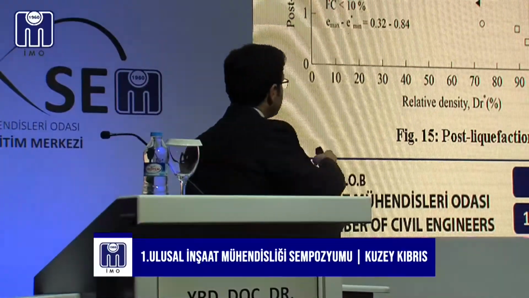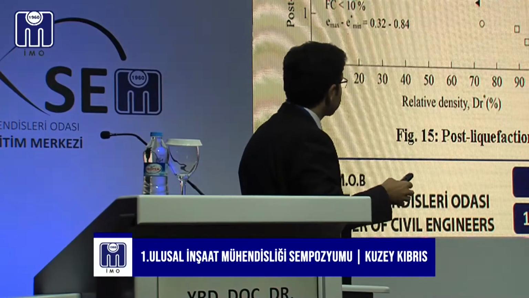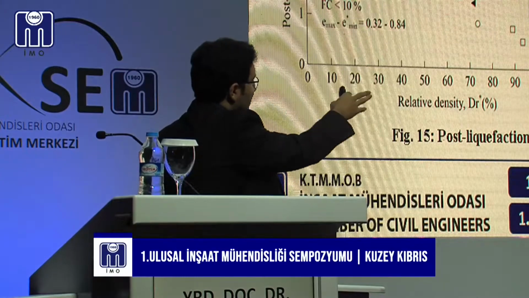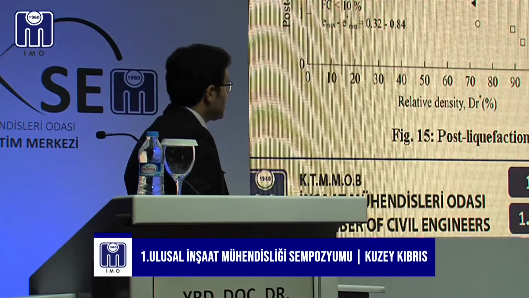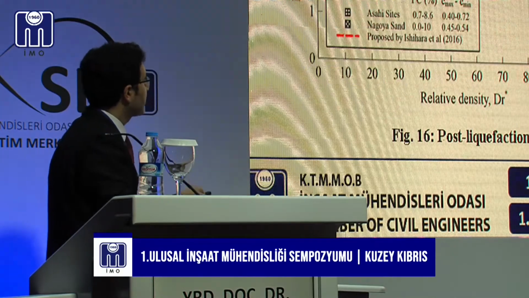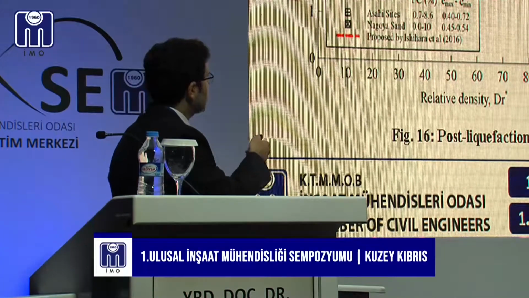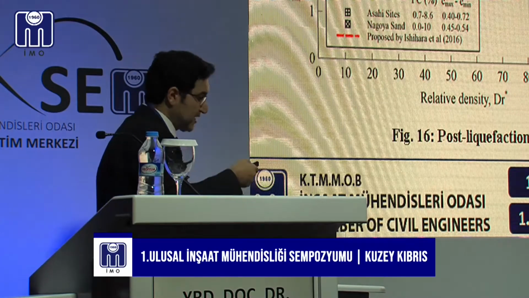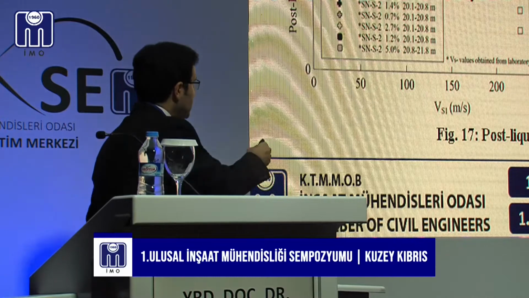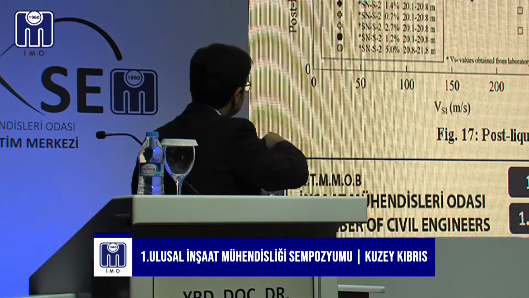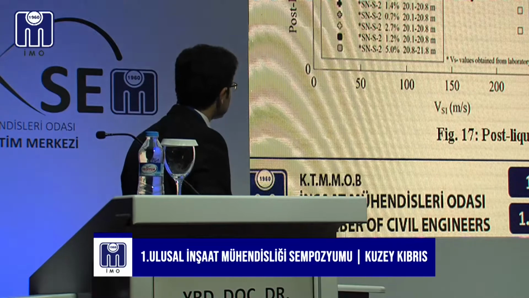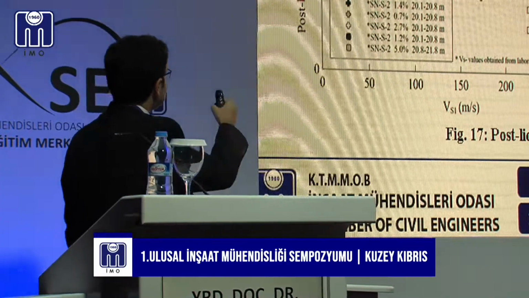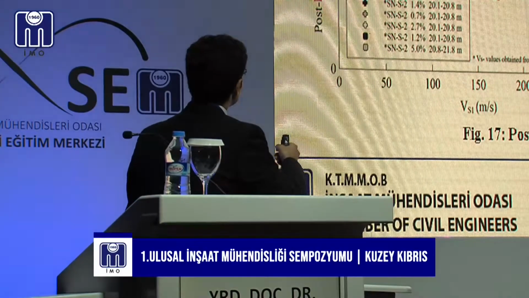And we use the soil data to verify some curves developed by Ishihara 2016. This is related to reconstituted clean sand and reconstituted silty sand. This is exactly the shear wave velocity versus post-liquefaction volumetric strain, where the maximum shear strain is 2.5.